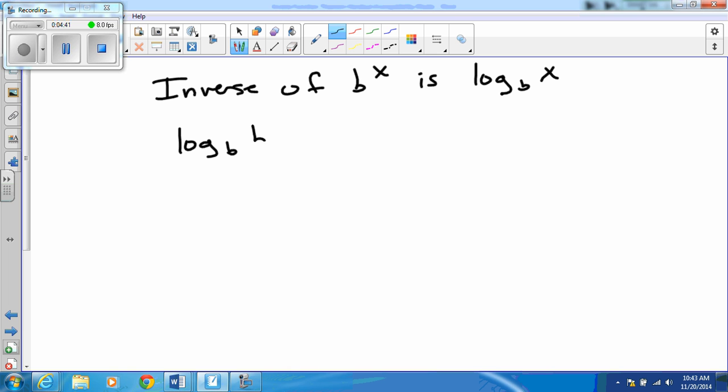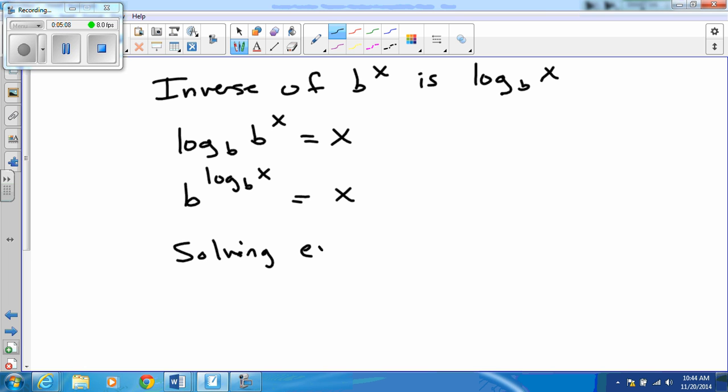But for now, we want to simply observe the inverse relationship. If I apply log b to the function b to the x, they cancel and give me x back. If I raise b to the log base b of x, the two functions cancel and give me x back. Now, this is useful for solving exponential equations.